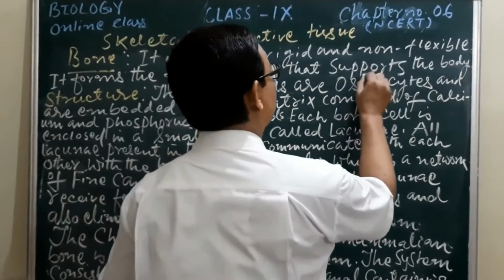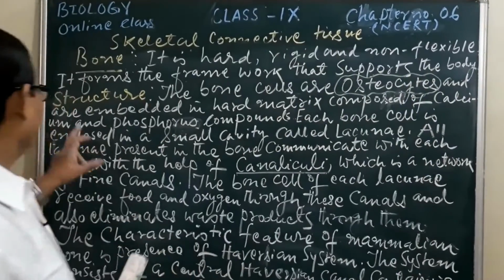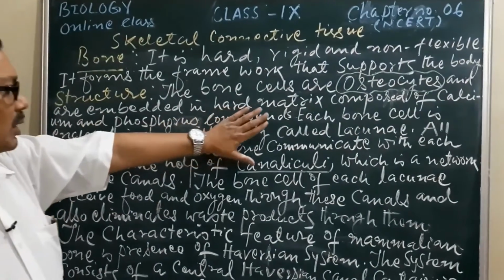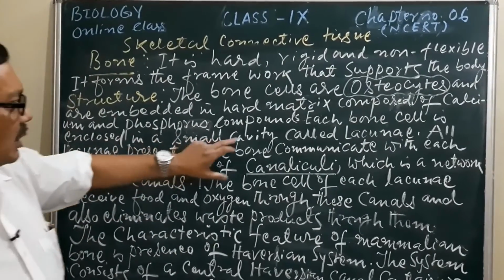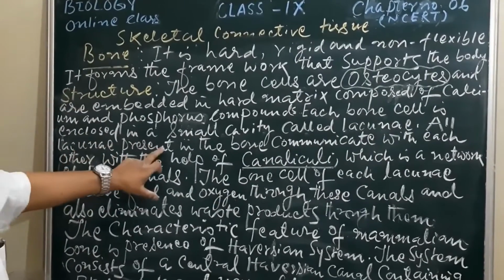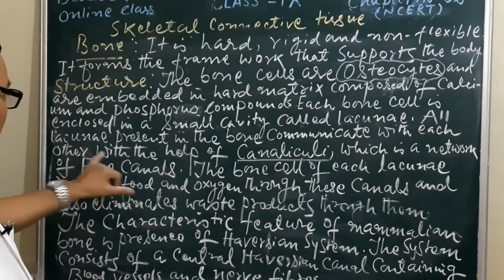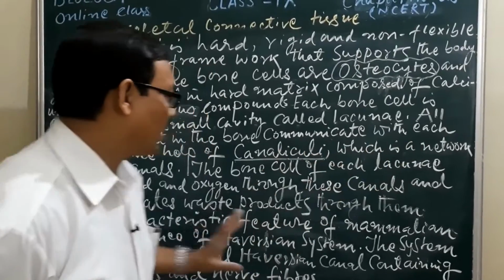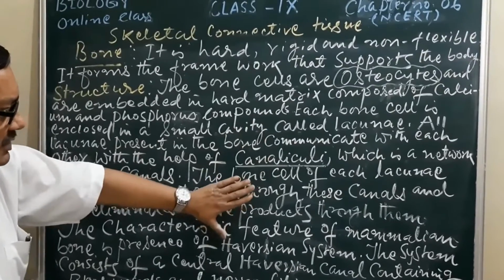The name of the cell here is osteocytes, and they are embedded in hard matrix composed of calcium and phosphorus compounds. Each bone cell is enclosed in a small cavity called lacunae. All lacunae present in the bone communicate with each other with the help of canaliculi, which is a network of fine canals. This is the special feature of this structure.